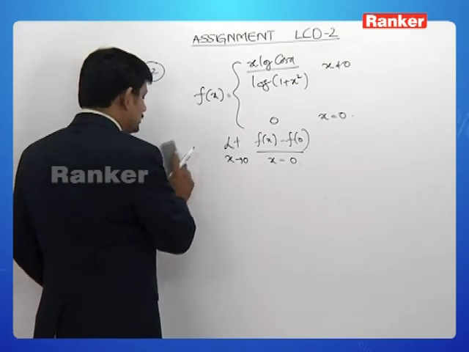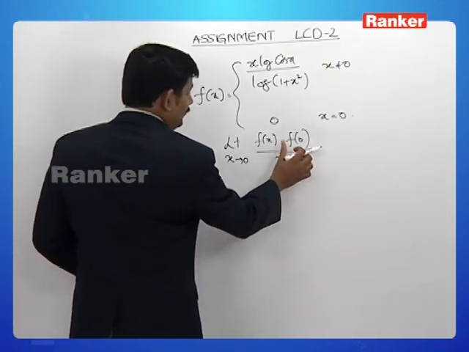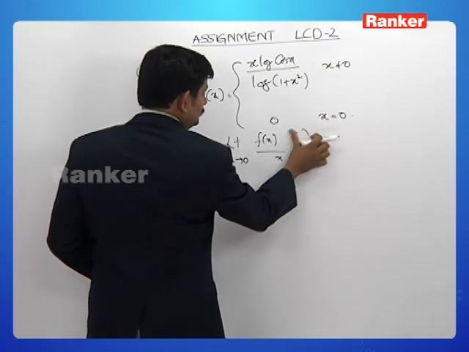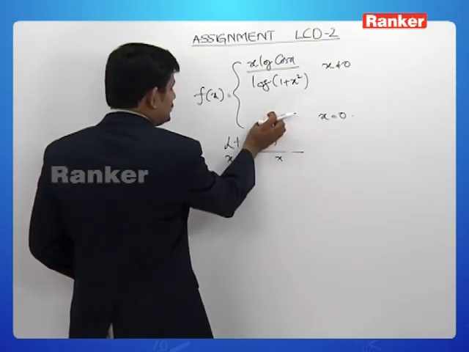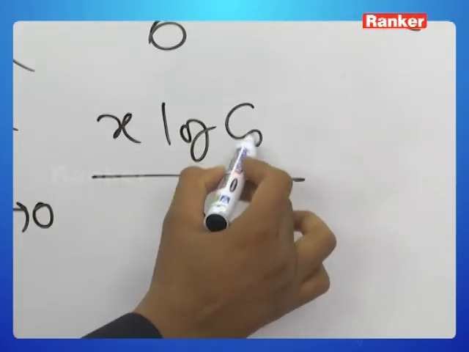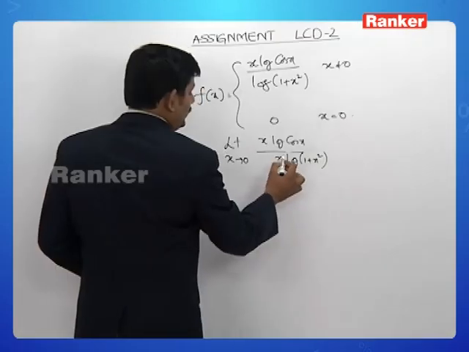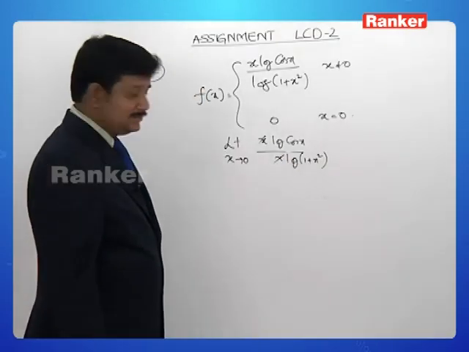So, let us focus on this limit. x minus 0 is x, f of 0 is 0, and f of x when x is not equal to 0 is x log cos x by log of 1 plus x square. x and x get cancelled.